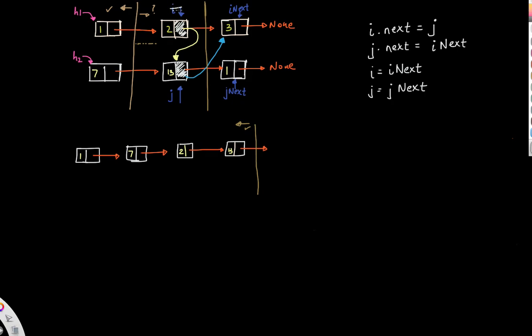Okay, so i is now pointing over here, and j is pointing at this node here. But again, as per my loop invariant, i.next should be pointing at one after i, and j.next should be pointing at one after j.